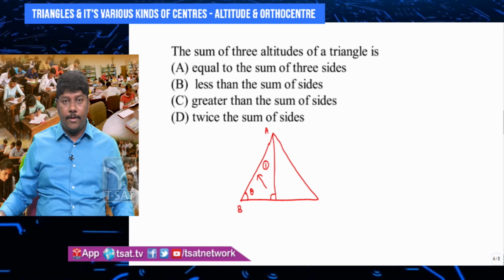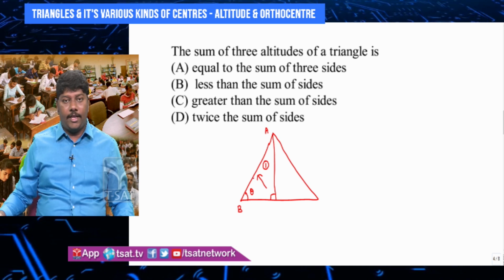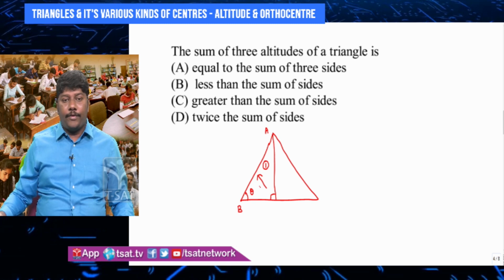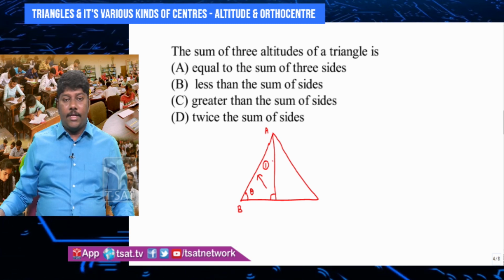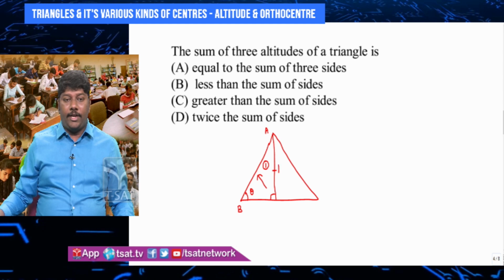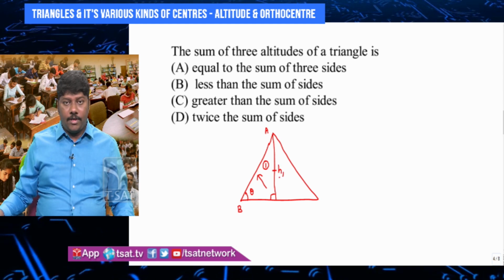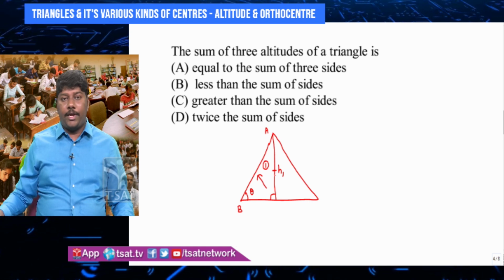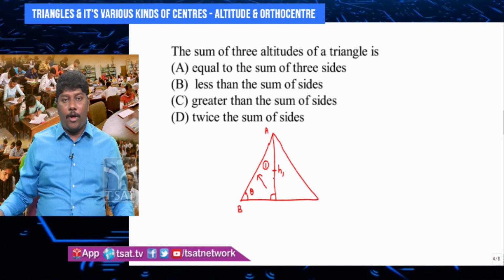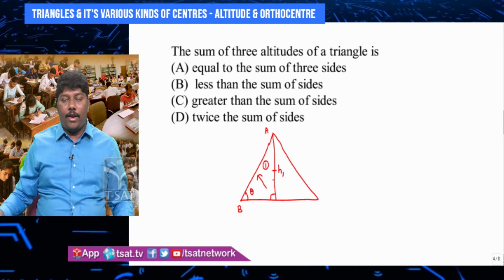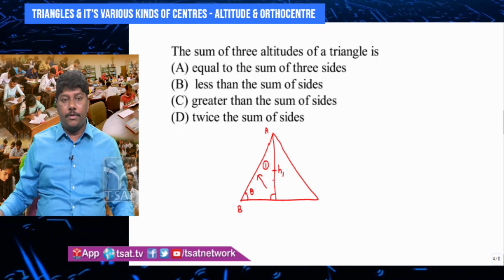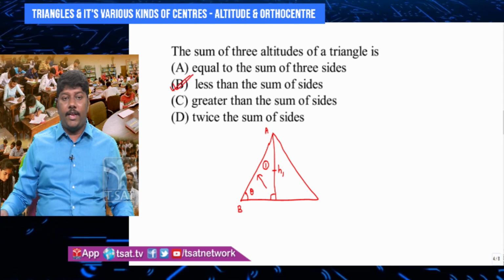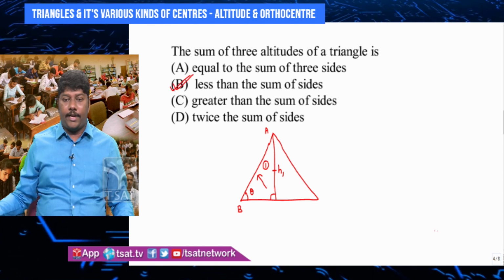Hypotenuse is the larger side in a triangle. Therefore AB is greater than this particular altitude. Let's say this altitude is H1. So AB is greater than H1. In the same way you can say H2, H3 also. If you do the sum of all the sides, it is greater than the sum of all altitudes. Therefore the sum of altitudes is less than the sum of sides. So the correct answer is less than the sum of sides.